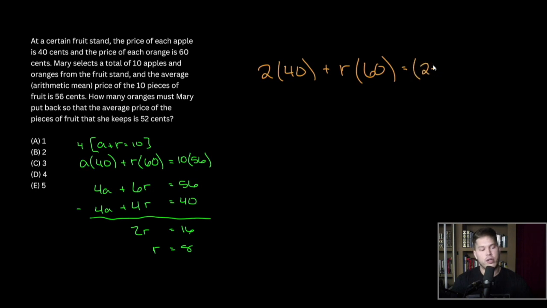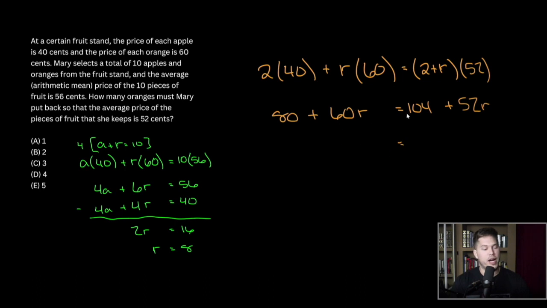So 2 plus the number of oranges, times 52. So now let's solve this system such that 2 times 40 is 80 plus 60r is equal to, well, 2 times 52 is 104 plus 52r.